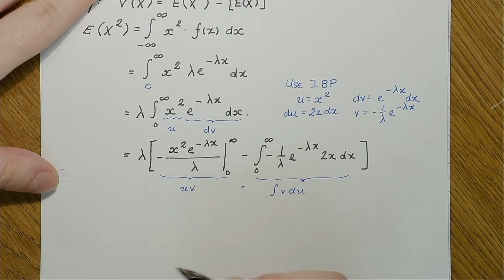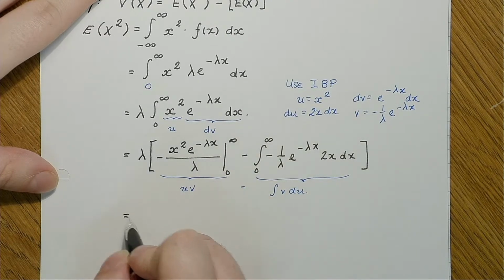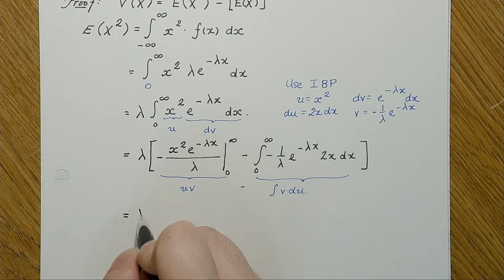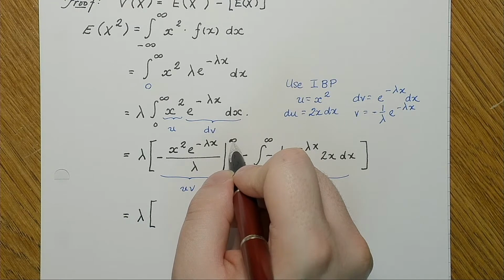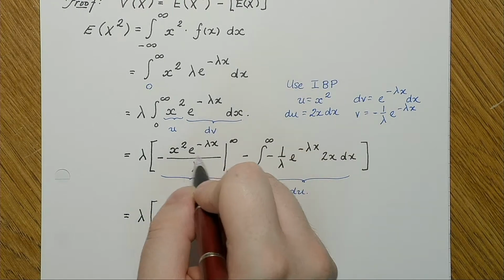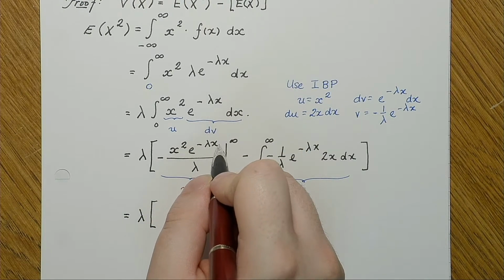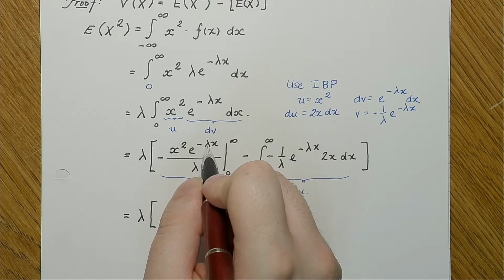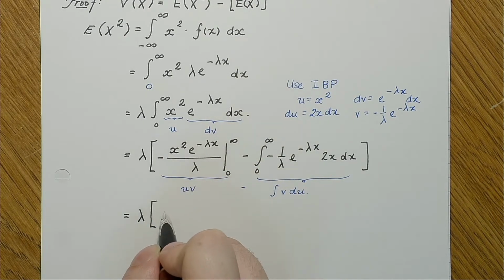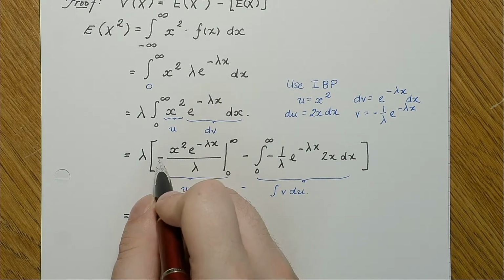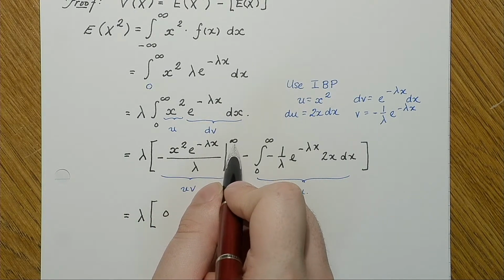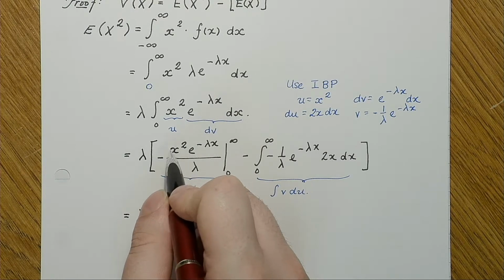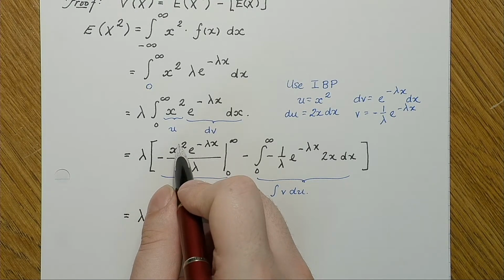So substituting in these values here, I got infinity. So again, for this part here, e to the minus infinity gives me 0. So that's 0 for that part. Minus, and then I have a minus, so that becomes positive. And I'll have 0 substituted in the x squared, so that becomes 0.